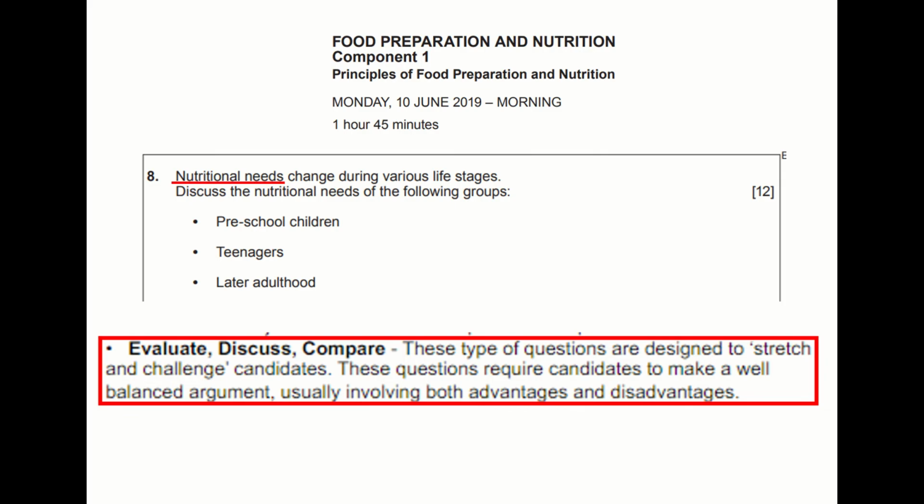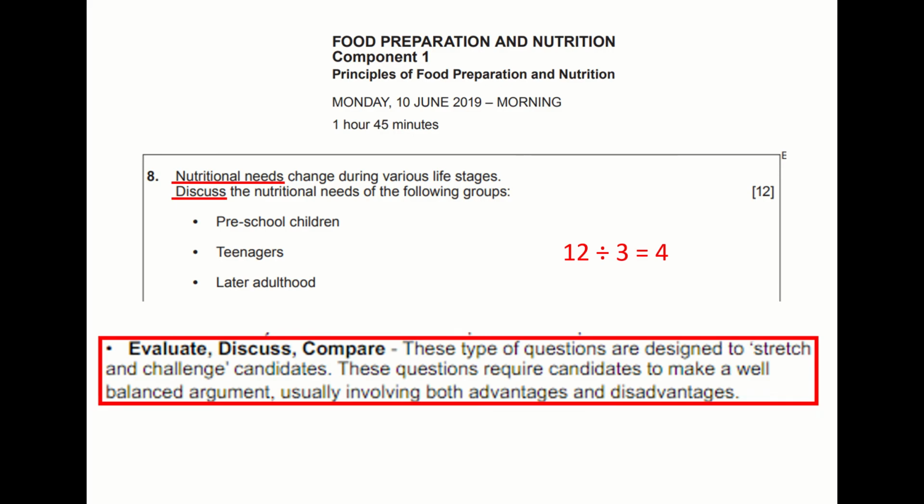We can see that it's about nutritional needs specifically, so make sure that you are considering this throughout your answer. Don't go off on a tangent, it won't get the marks that you need. And we're looking at the fact that it's a discuss question. As I said, you need to write about all 3 of those stages.